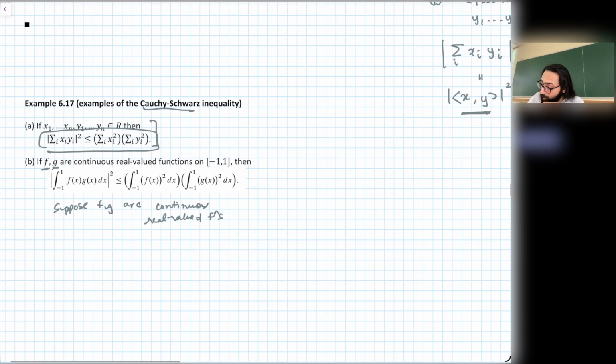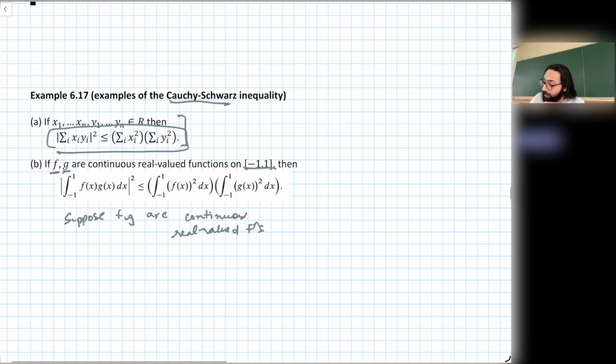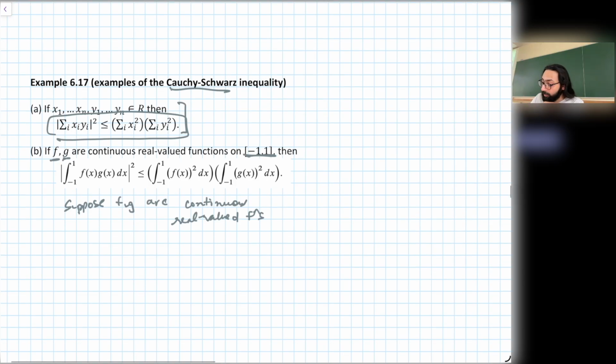Okay. So suppose that f and g are continuous real valued functions on -1 to 1. Then, okay, so what do we want to look at? We're looking at the integral from -1 to 1 of f(x) g(x) dx, mod square. Okay, this is the quantity we're looking at.